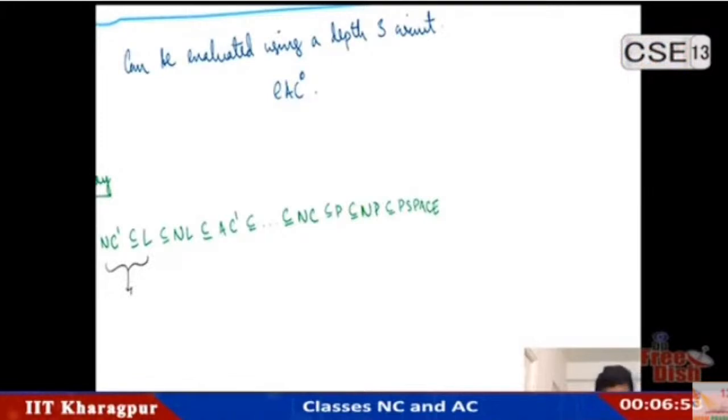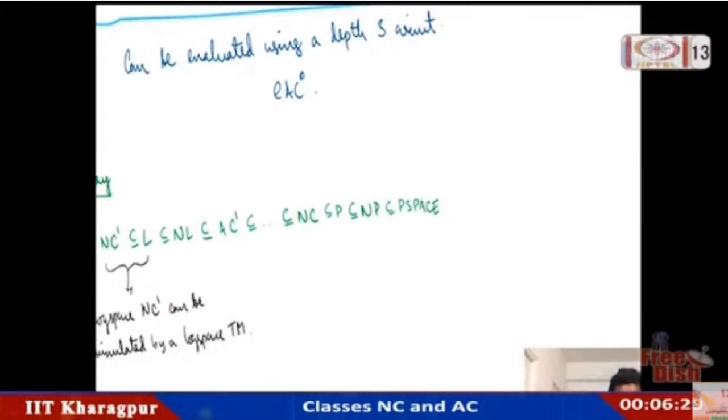This is when I'm assuming that all these classes, where applicable, are log space uniform. So log space NC1 can be simulated by a log space TM. This is because the generation part can be taken by a log space Turing machine, because the generation is in log space, and then the circuit evaluation, once you generate it, even that can be taken care of by a log space Turing machine.